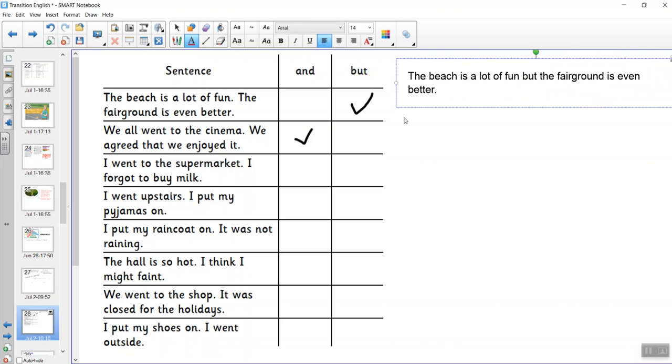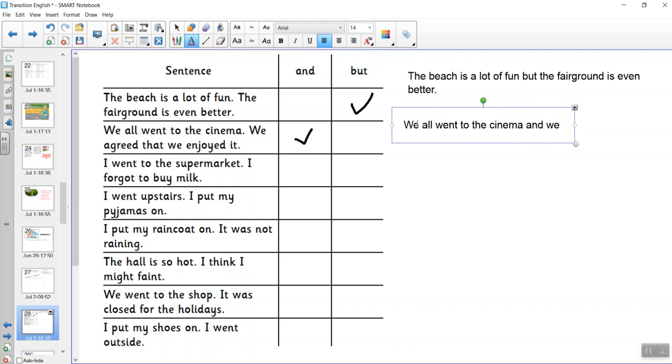And the next one: we all went to the cinema and we agreed that we enjoyed it. Okay, so what you need to do is pause the video and have a go at the next few. Are those independent clauses, those little simple sentences, going to be joined with an "and" or a "but"? Pause the video and have a go.